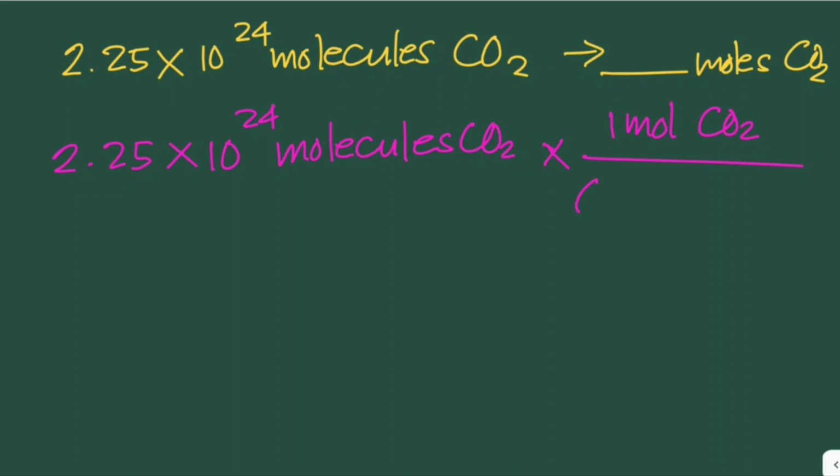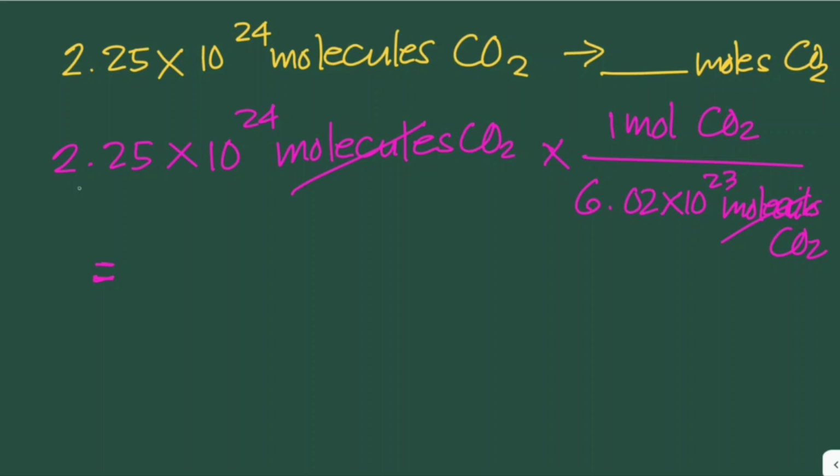CO2 is to 6.02 times 10 to the 23rd molecules CO2. The molecules here cancel out. Then we are left with number of moles of CO2.